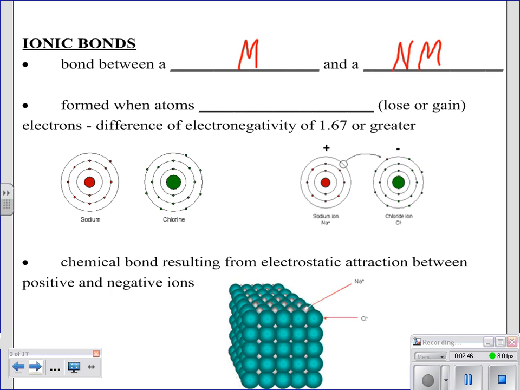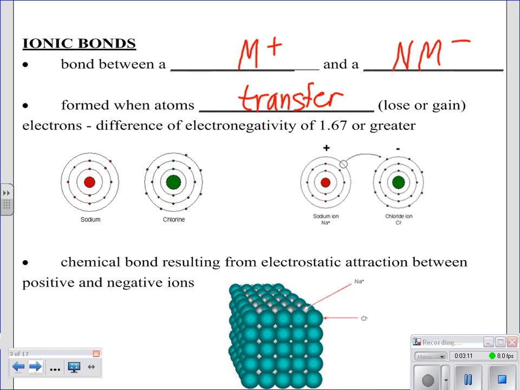They can lose them, they can gain them, so they're transferring electrons. So in the process of transferring them, the metals lose the electrons, getting a positive charge. Nonmetals gain the electrons, getting a negative charge. So you've got that difference in charge that creates that electrostatic attraction, and that's what causes them to stick together.